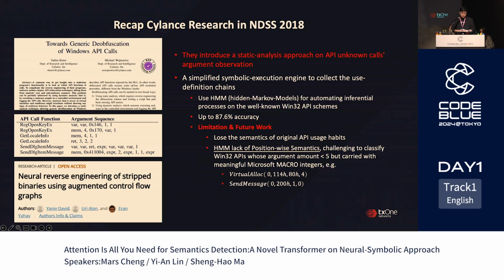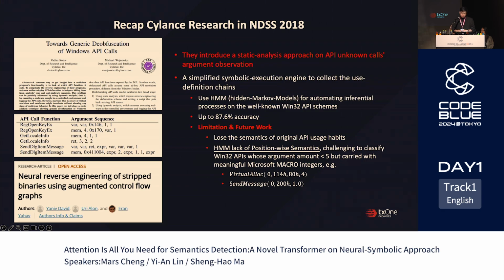Following this method, research at Israel considered similar issues, and they attempted to infer symbol names from data reference relationships and use an attention mechanism to effectively encode position-wise semantics, resulting in higher performance.